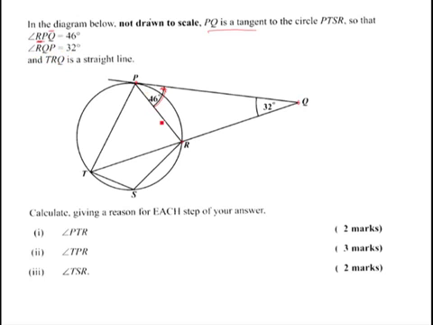Angle RQP: start from point R, go down to Q, and then turn to P. So the angle they're looking at is right here, which is 32 degrees. This also told us that TRQ is a straight line, so it's not an angle.